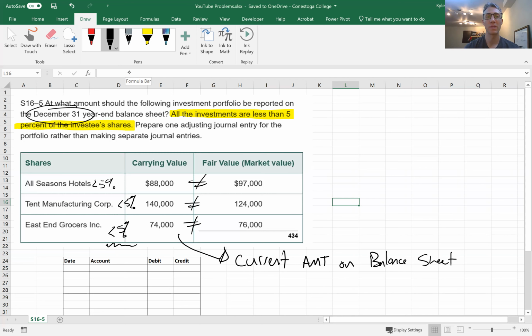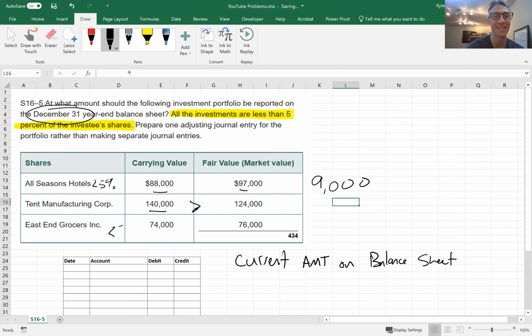So what do we need to do? The carrying value for All Seasons Hotel is 88. It's now 97, so it has appreciated by $9,000. For Tent Manufacturing, our carrying value is 140, which is greater than the fair value of 124.